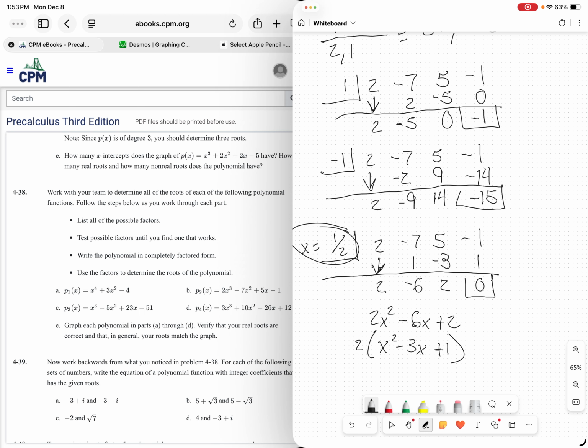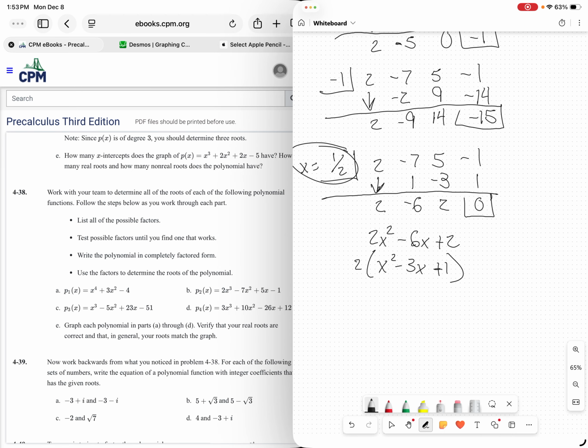Factors of 1 to add to 3. There aren't any. So I'm now using the quadratic formula. Negative b plus or minus the square root of b squared minus 4 times a times c, all over 2 times a.